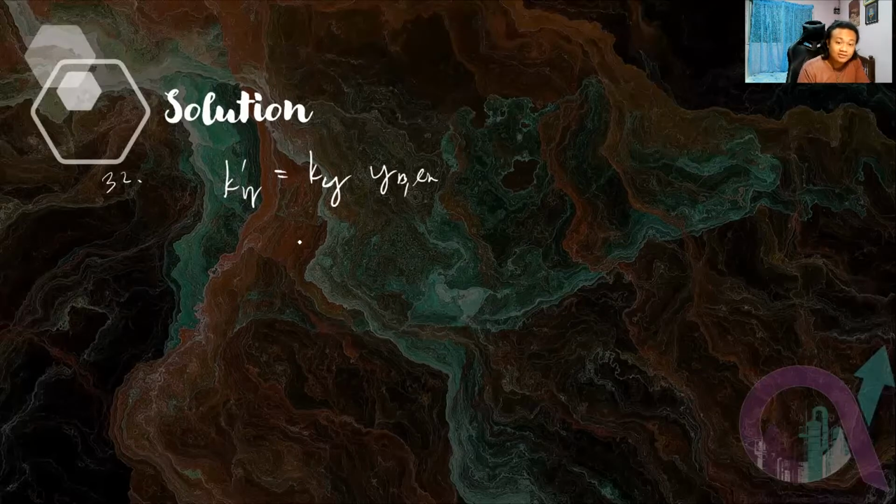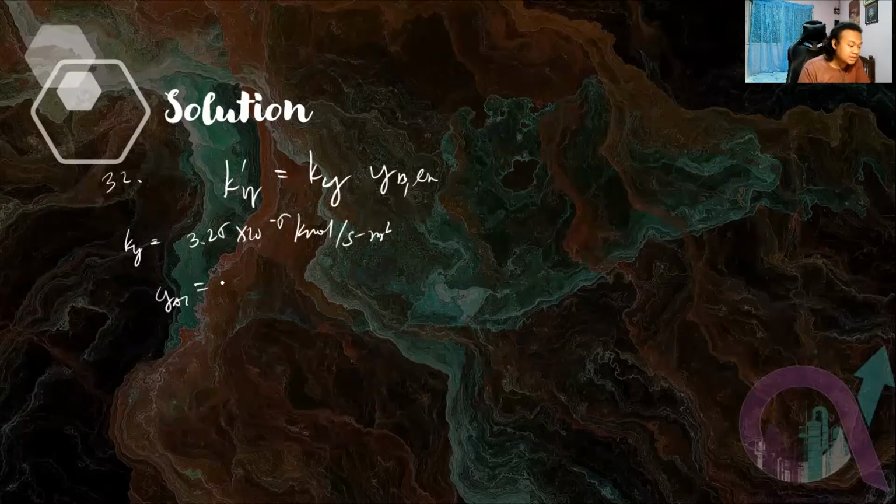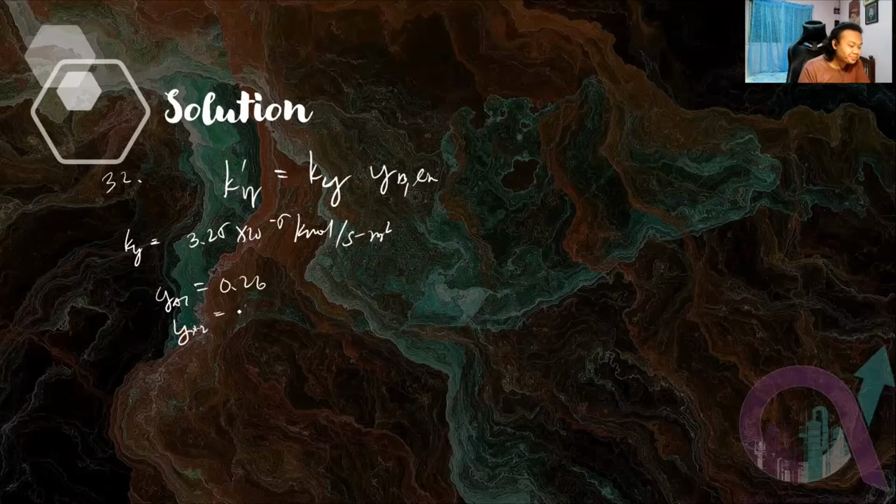So you have ky equal to 3.25 times 10 to the negative 5 kmole per second per square meter, diba? And then you have ya1, that's 0.26, ya2 0.01. So just get the yb1, that's the difference, so 0.74, just subtract it from 1.